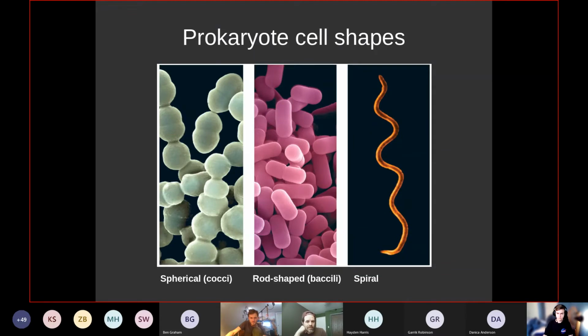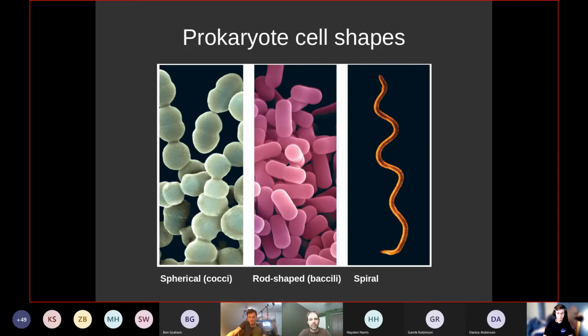Prokaryotes tend to come in these three shapes. There are also some that are star-shaped, which are ridiculous. But the textbook definition of prokaryotic cell shape gives you Skittles, hot dogs, and spaghetti, and that's basically it. That is 99.9% of them all. And they do tend to be single-celled.